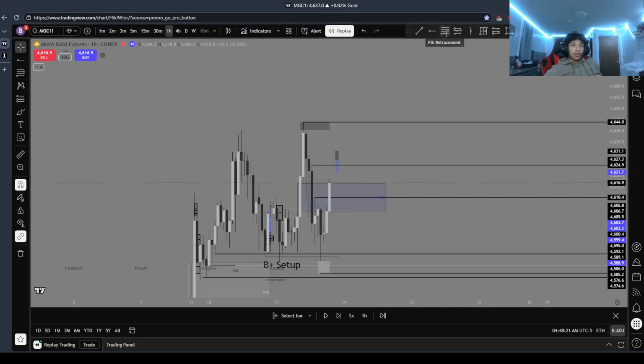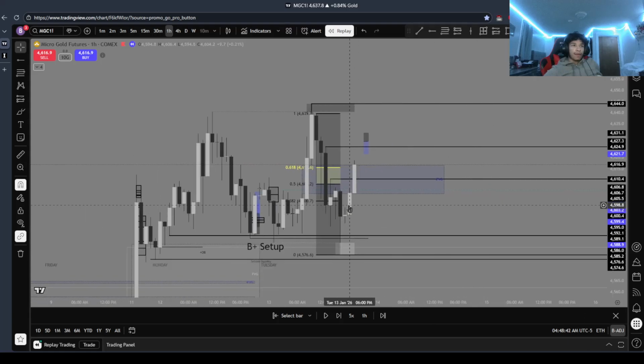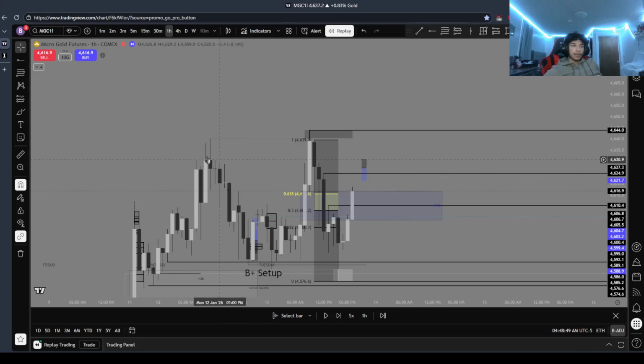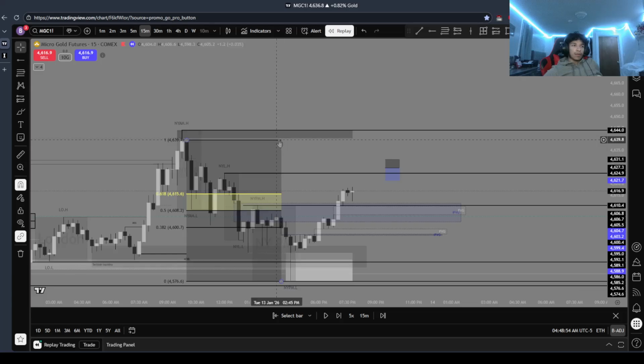We could have still entered on the retracement, but I assumed this was going to be something super hot. So that's exactly why we didn't take it, because this was where we wanted to see price reject and stay above that. So that was the thought process behind that.